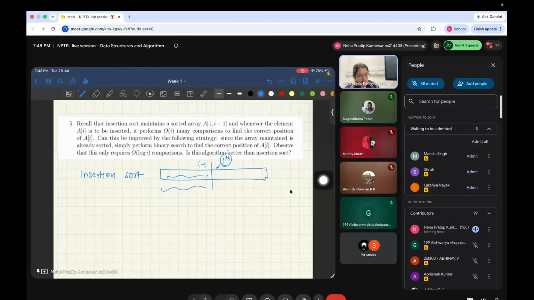As you all said earlier, this takes order i amount of time, and therefore the total time ends up being n plus n minus 1 plus all the way up to 1, and this turns out to be order n square. That was your analysis. So here is a thought.